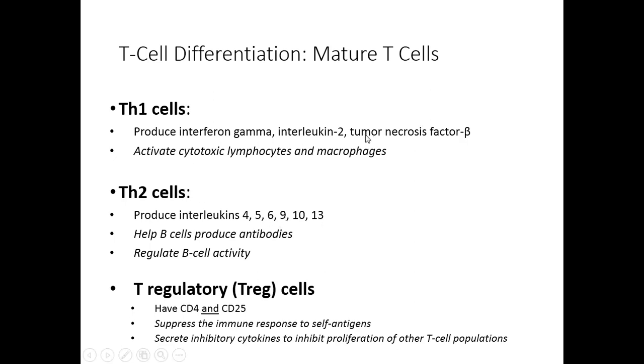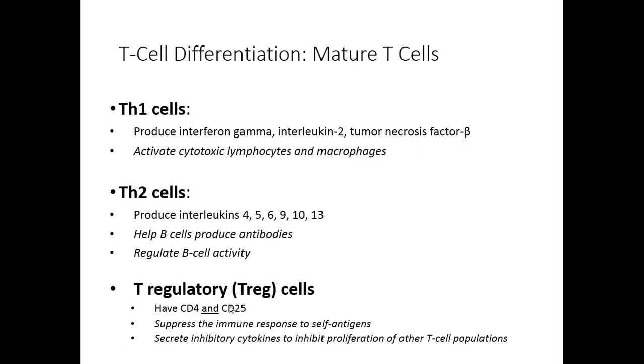I don't care so much that you know that it's an interleukin 2. I just want you to understand that an interleukin, an interferon, tumor necrosis factor, those are all cytokines that cause an action. T regulatory cells are characterized not by just having CD4, but they always have CD25 as well.